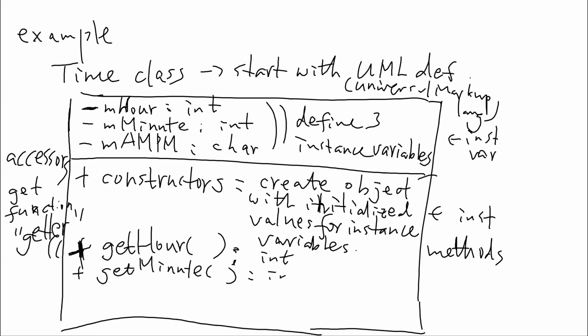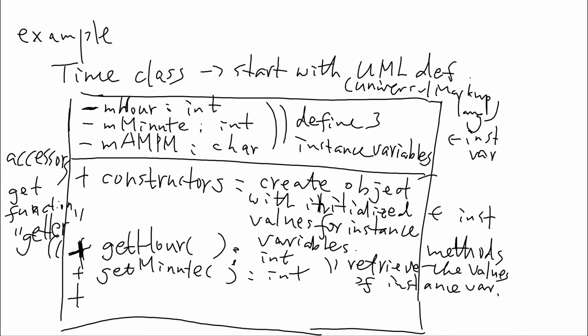So the purpose of those getters or accessors is to retrieve the values of instance variables.